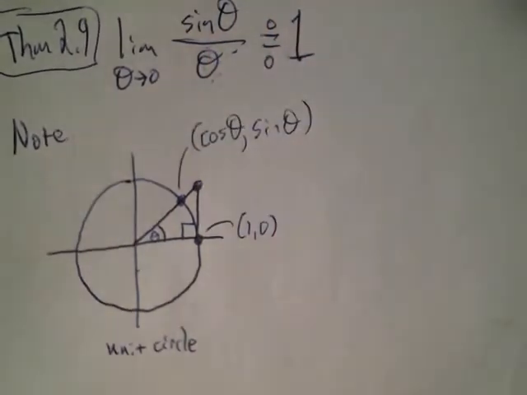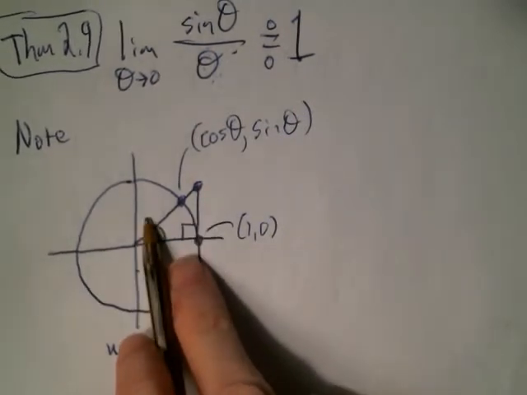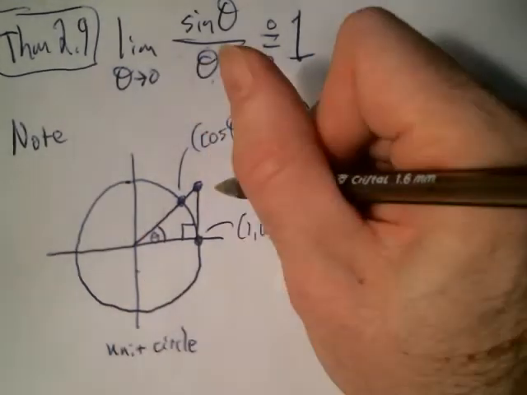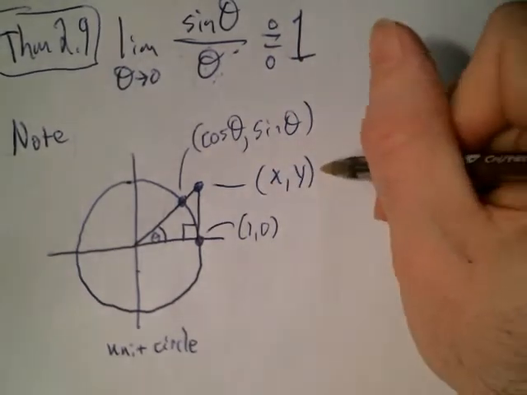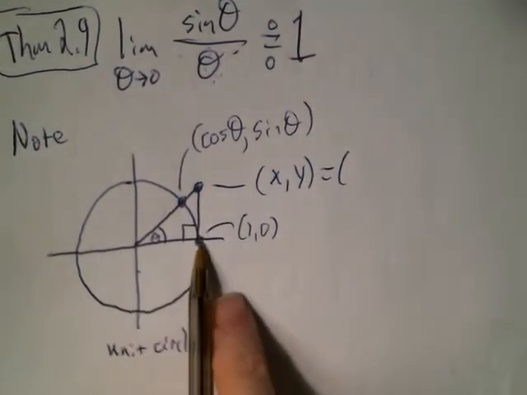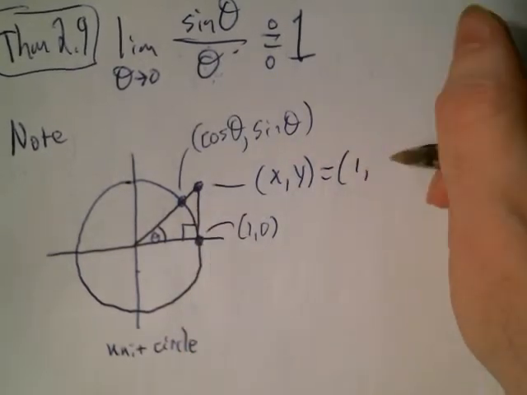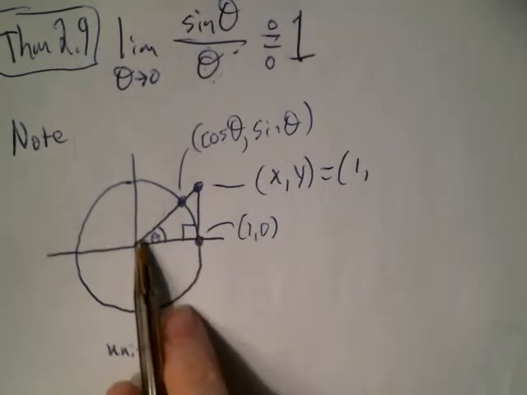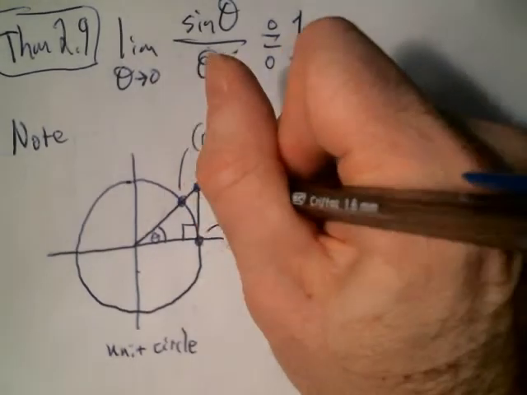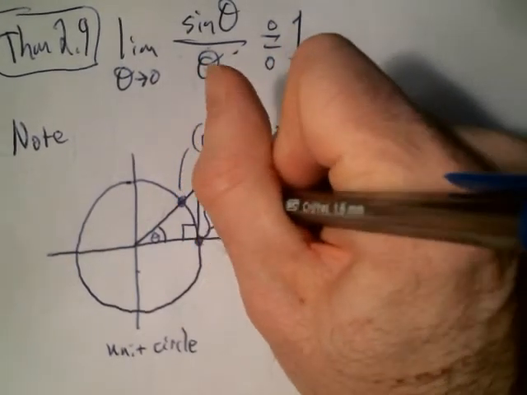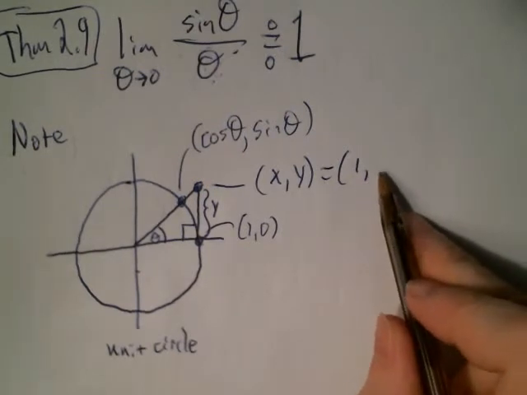This point right here at the top of the triangle, if it's just plain old x comma y, some generic point, we know that the x-coordinate of this point is 1. And then the y-coordinate, from ratios of sides of a triangle, is opposite over 1, so this is just plain old y, but y is tan of theta.